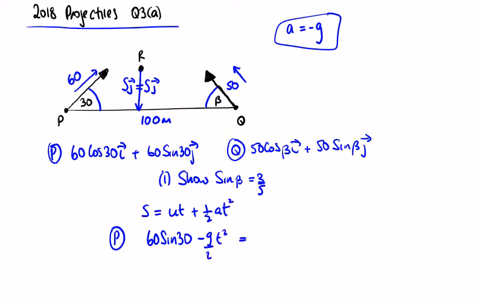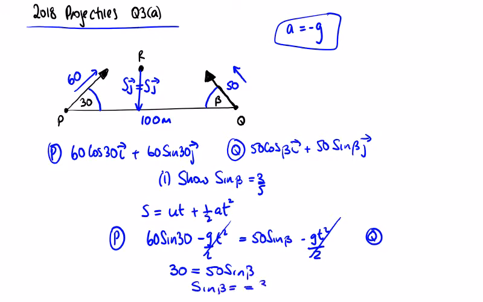That has to be equal to my Q, which is going to be 50 sine beta T minus G T squared over 2. And we can see that these cancel. The sine of 30 is equal to a half, so we get 30 on the left is equal to 50 sine beta. So sine beta is 30 over 50, which is in fact equal to 3 over 5.